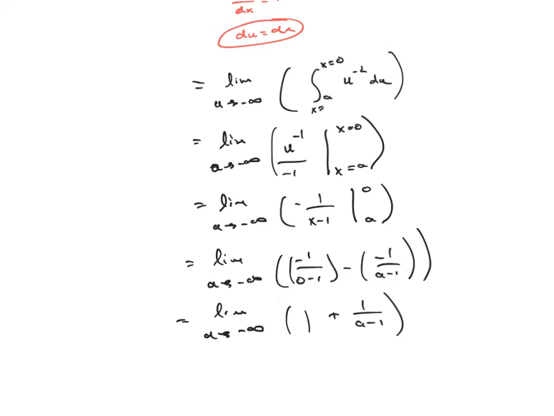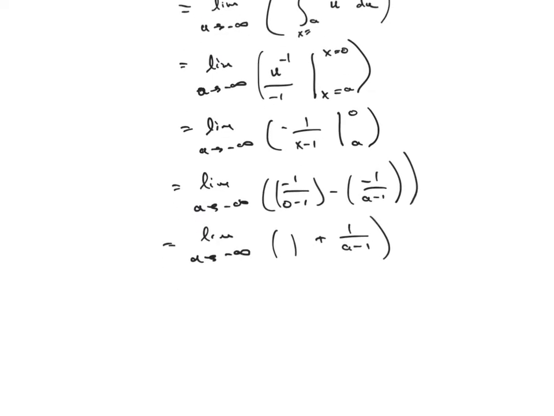Okay, let's think about actually evaluating our limit. If we evaluated our limit on this one, what would we have? The limit as a goes to negative infinity. Well, that first term is going to go to a 1. That second term is going to go to a 1 over, well, that would be negative infinity minus 1. That's going to still go to 0, because that's a really large number on the bottom, so the fraction goes towards 0.